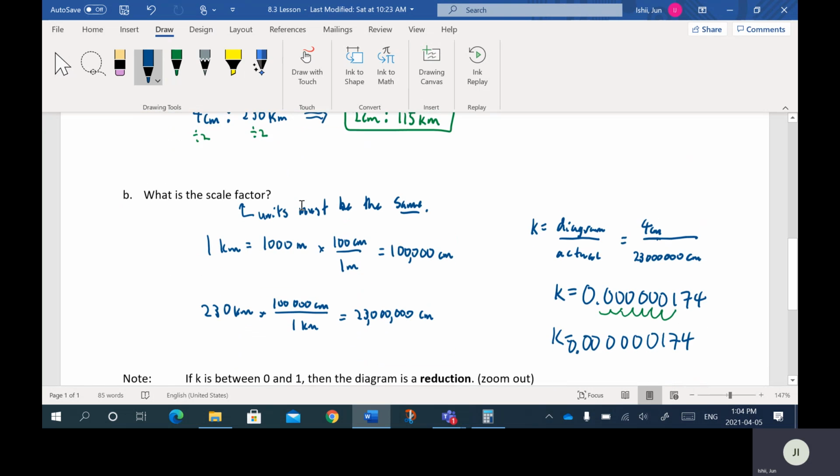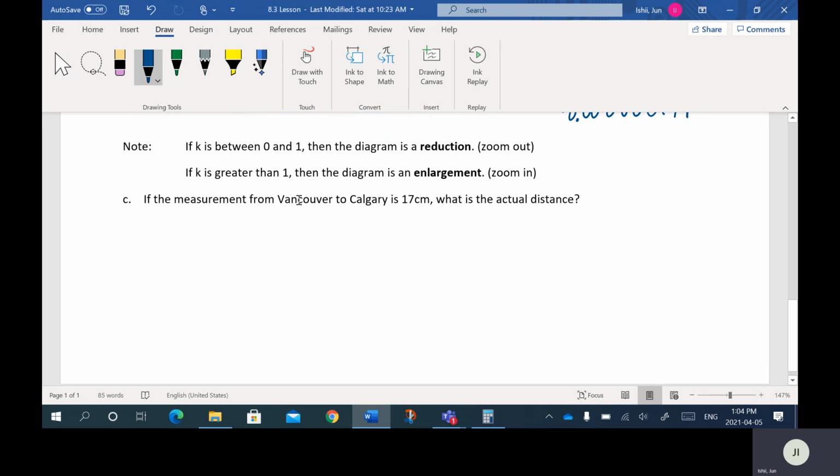Okay. So the way I'm going to set this up is I'm going to go every 2 centimeters as a ratio. And rather than writing it as a ratio, I'm just going to write it as a fraction. So every 2 centimeters was 115 kilometers. You write the ratio as a fraction, and you're going to set it equal to, and I know the measurement from Vancouver to Calgary on the map is 17 centimeters.